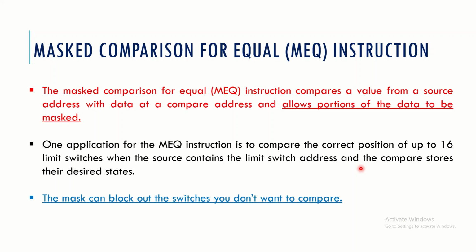Then you compare it with the source. You have to compare all the bits. So in the mask, you will be keeping 1 1 1 1. Then compare. So whenever the source is 1 0 1 0, then only your output will be true. So that is the masked comparison instruction.